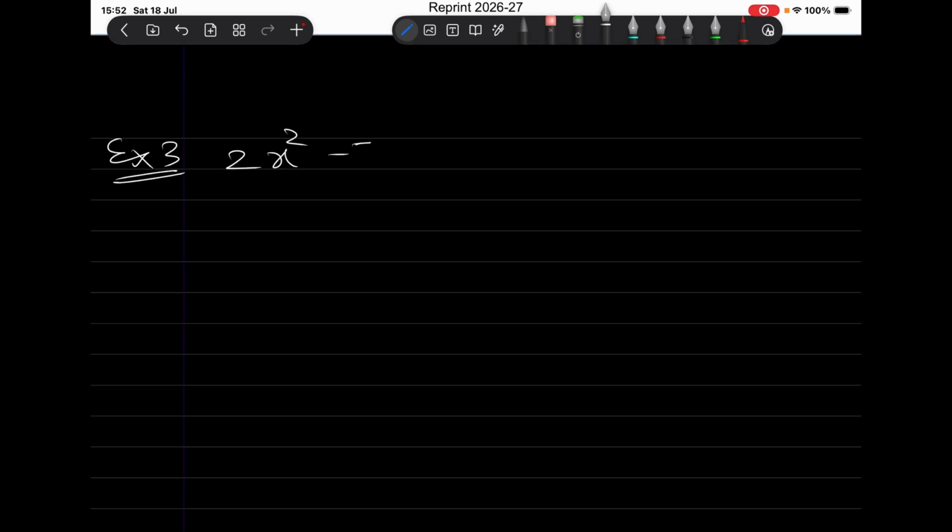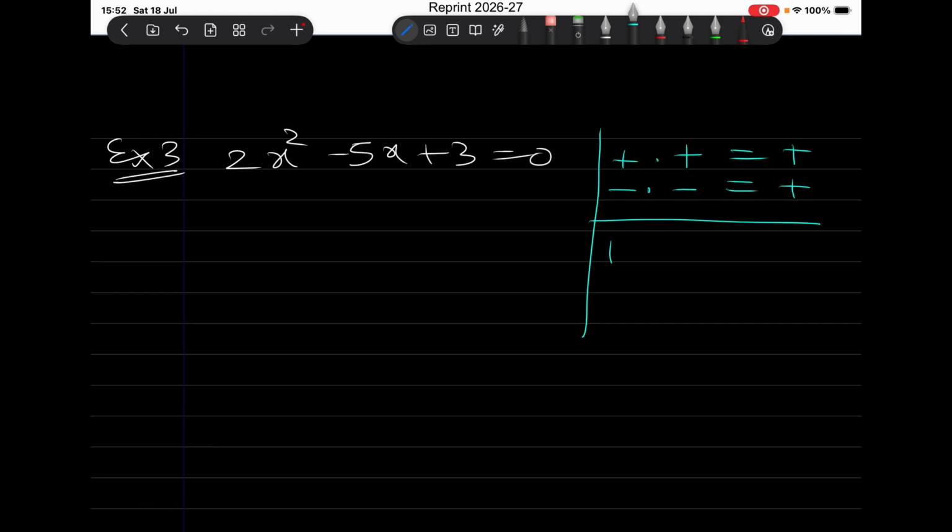We know the rule of signs: plus into plus is plus, minus into minus is also plus, plus into minus is minus, and minus into plus is also minus.